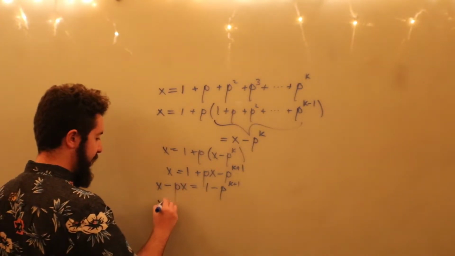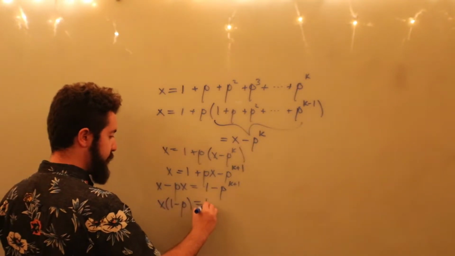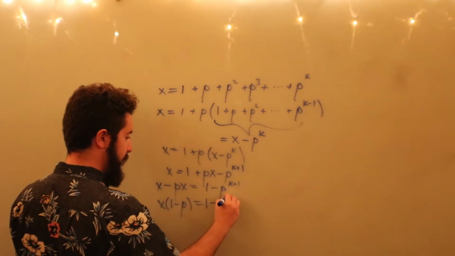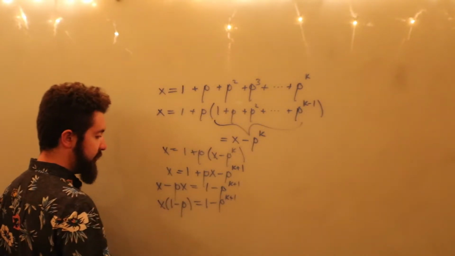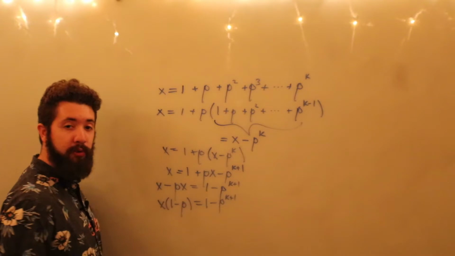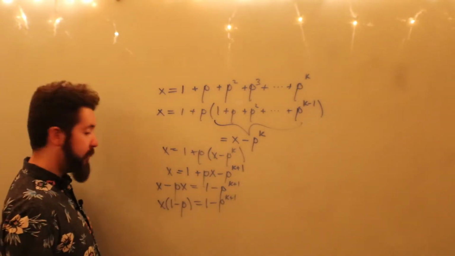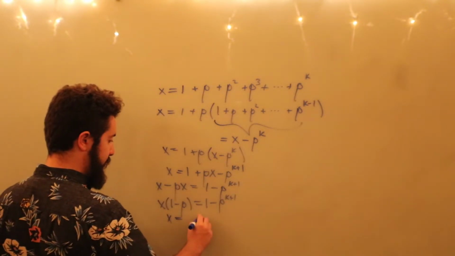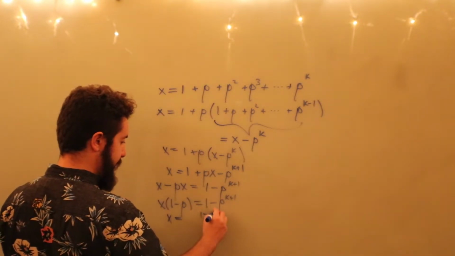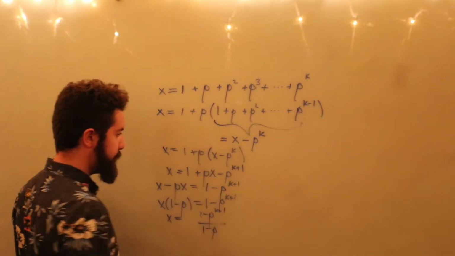So if we take x times 1 minus p, this is equal to 1 minus p to the power k plus 1. So long as p is not equal to 1, what we can do is divide by 1 minus p, so that x is equal to 1 minus p to the k plus 1 all over 1 minus p.